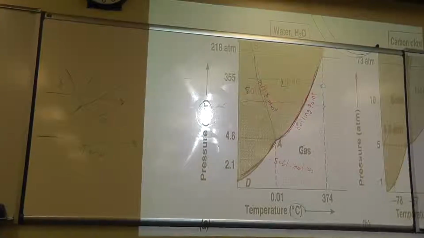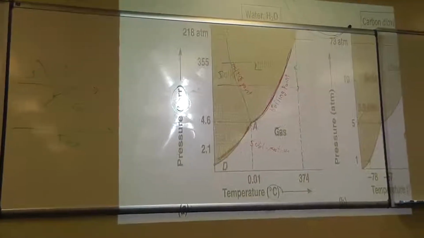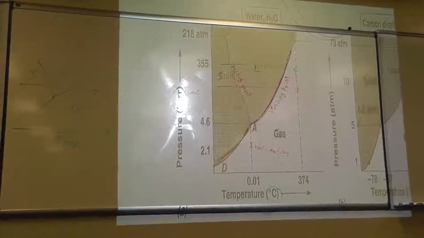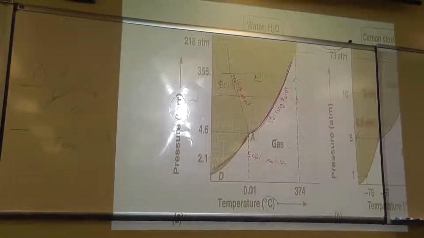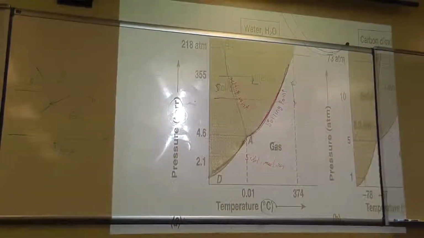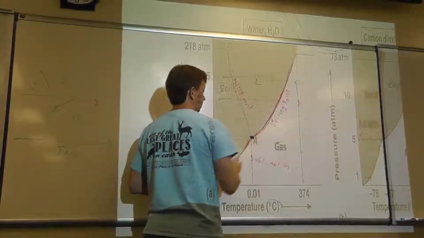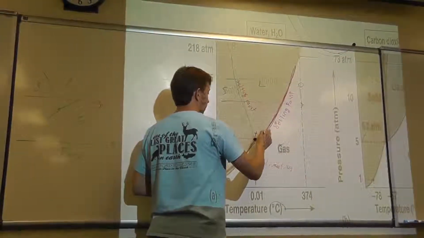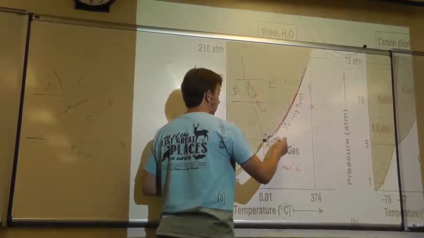So each of those boundaries represents a change that can be at several different temperatures and pressures depending upon your conditions. Where they all intersect is kind of a special set of conditions called the triple point.